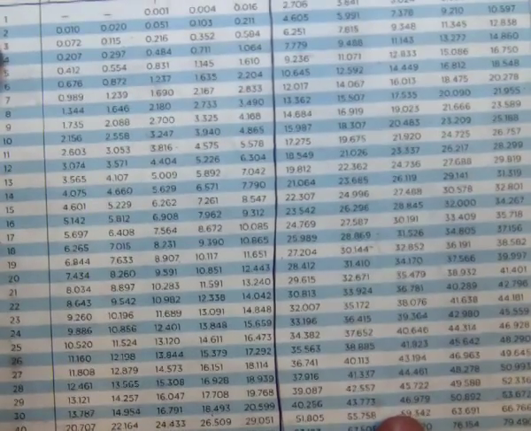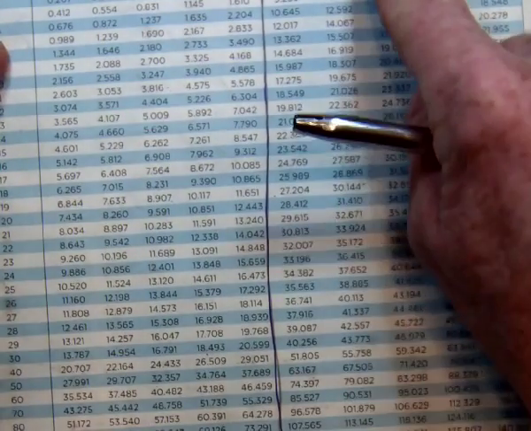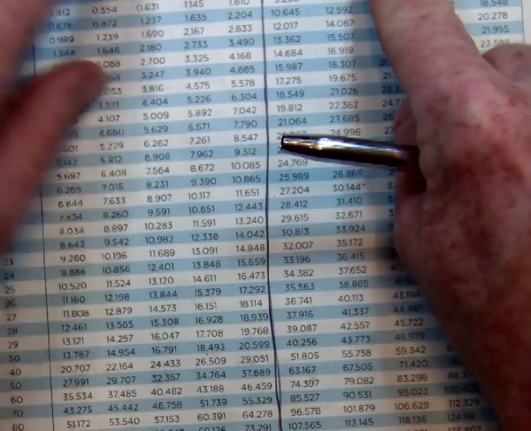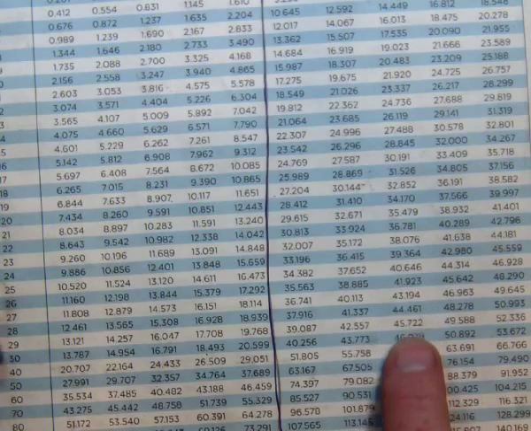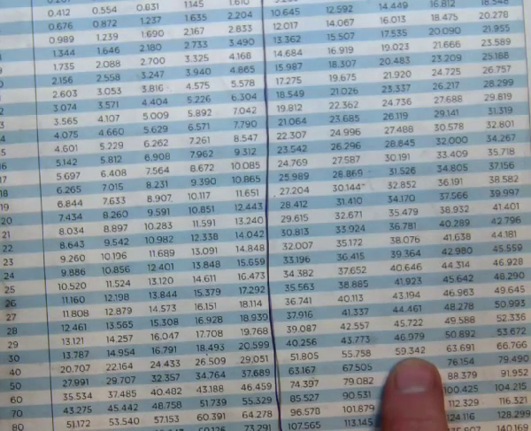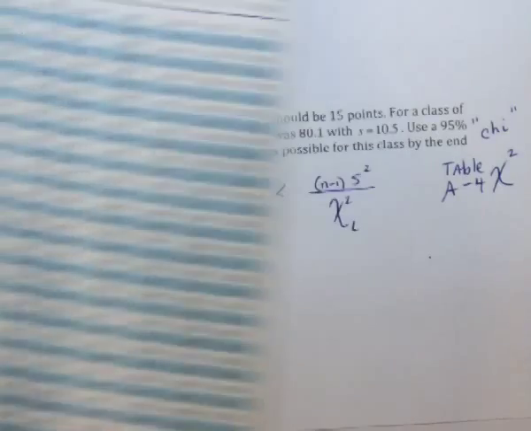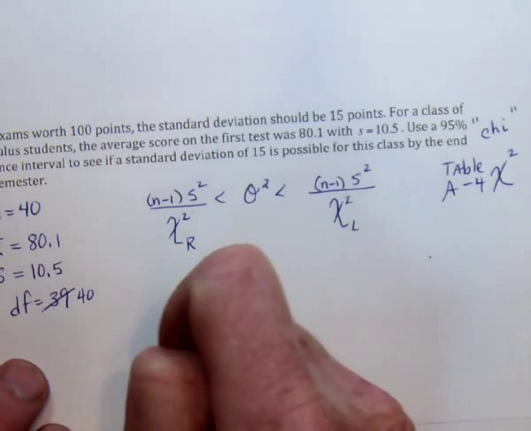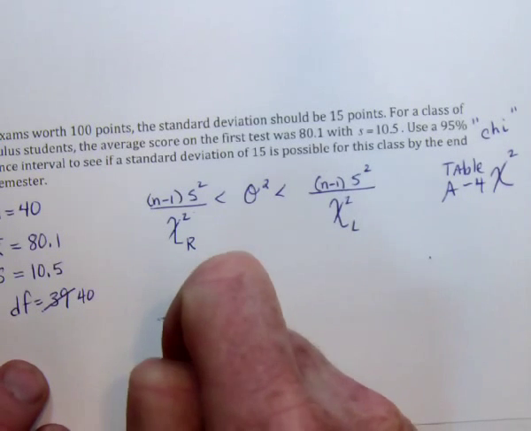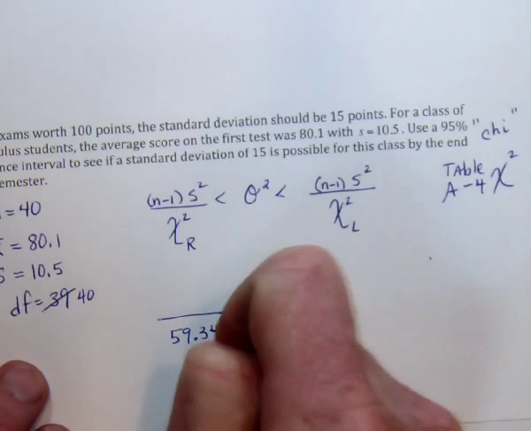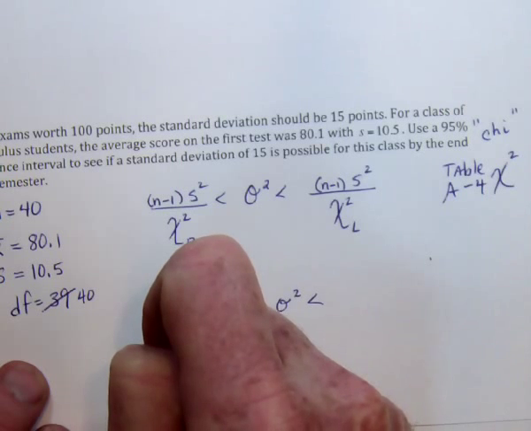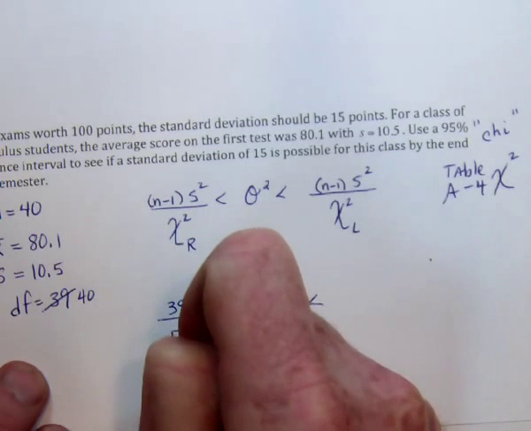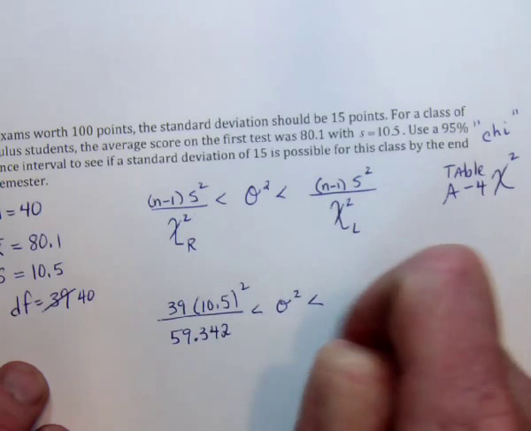So if we're using 40, and I'm going to just do chi-squared right first, follow this one down to 40, then that value is 59.342. Then this would be degrees of freedom 39 and the standard deviation squared.